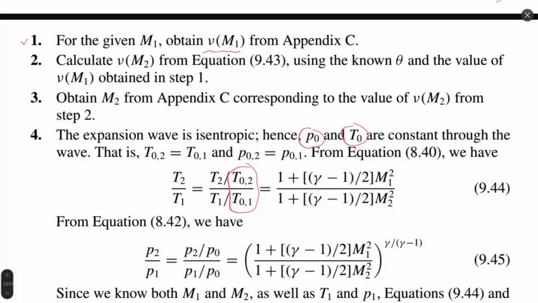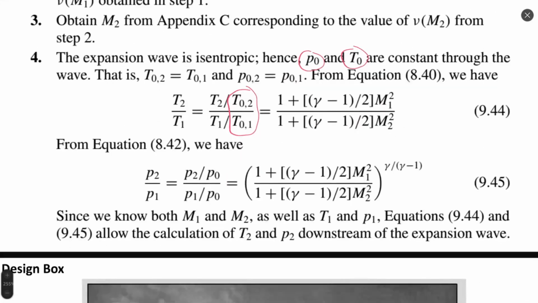We already know the Mach number at station 1 and the Mach number at station 2. Same thing, but using equation 842, we calculate the pressure ratio. Here we consider that P0 is constant at station 1 and station 2, and we just need the Mach number before expansion started and after expansion finished in this formula.